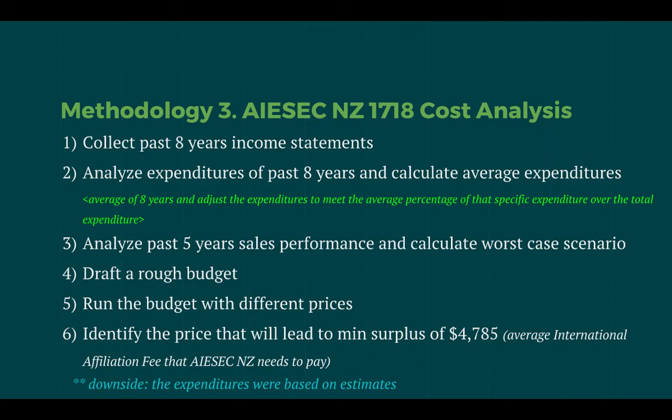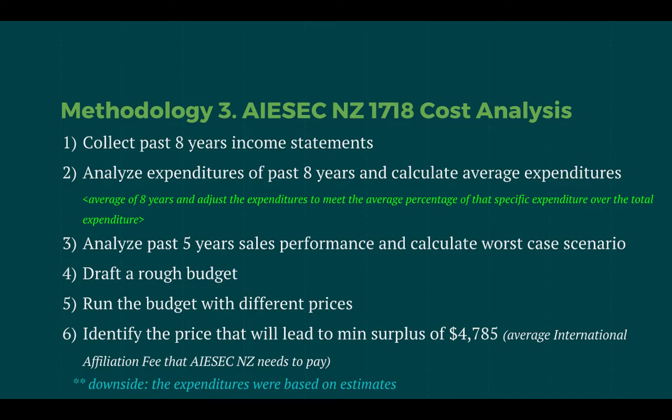So in order to do that, we have to have an estimate of the budget. Basically, I have to predict the expenditures based on the past 8 years and identify the revenues based on the past 5 years. After that, I drafted a rough budget and ran the budget with different prices.